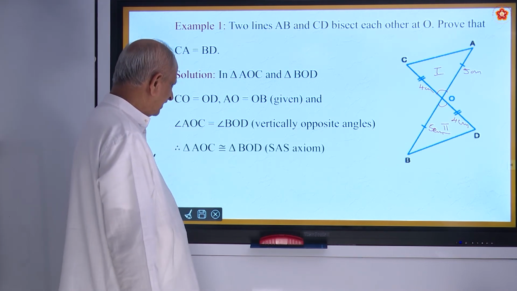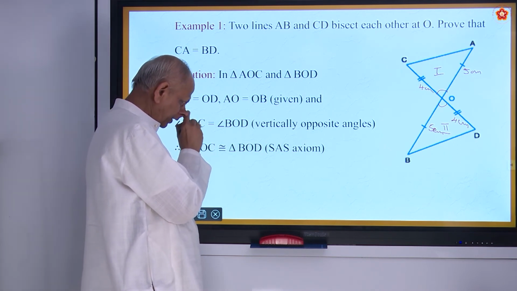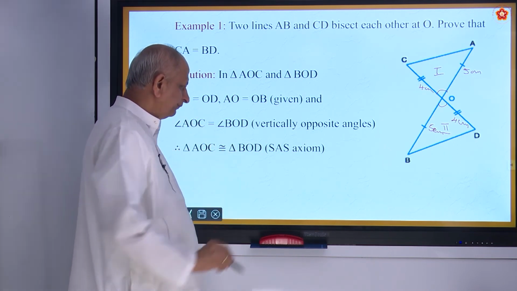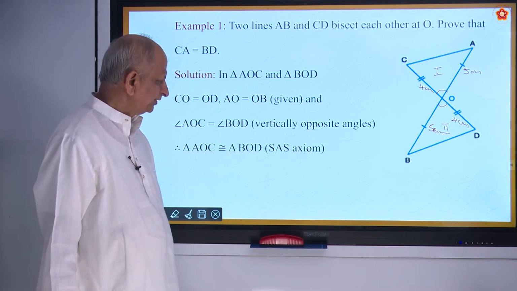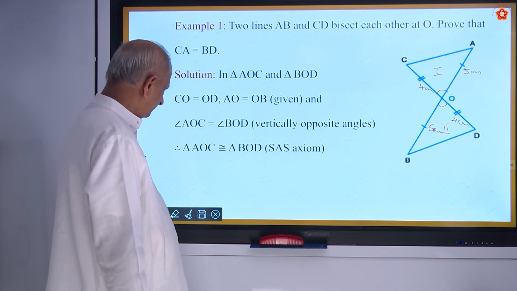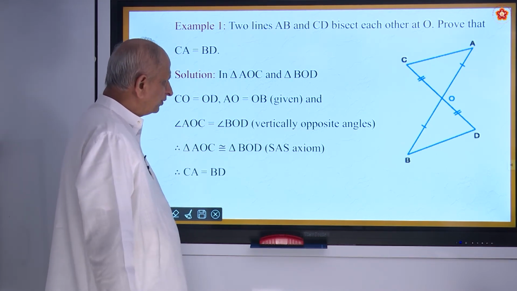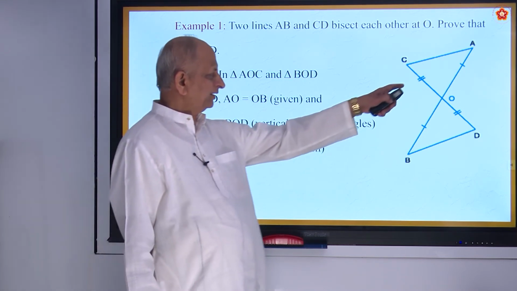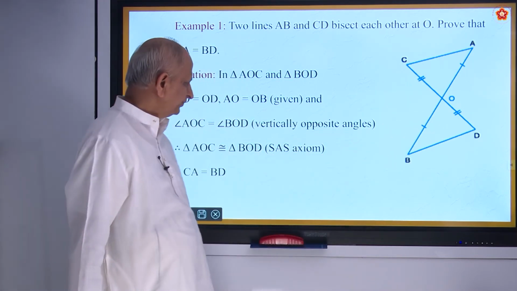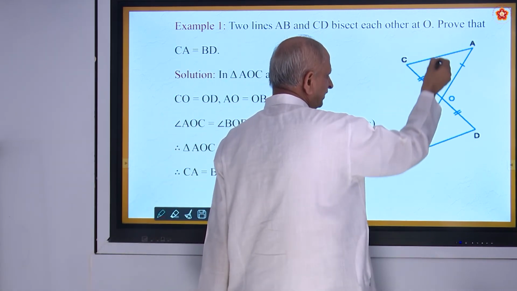Therefore, we have triangle AOC is congruent to triangle BOD. This is by SAS axiom. And therefore, if the two triangles are congruent, CA is equal to BD. CA and BD are equal.